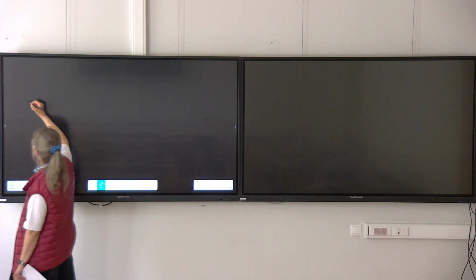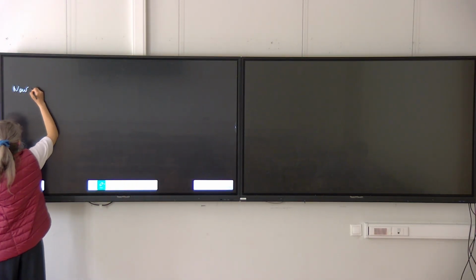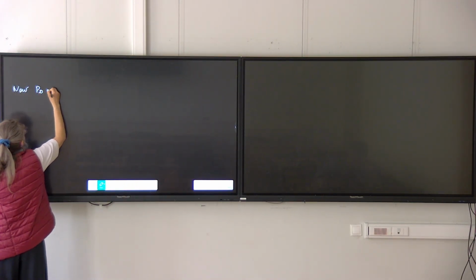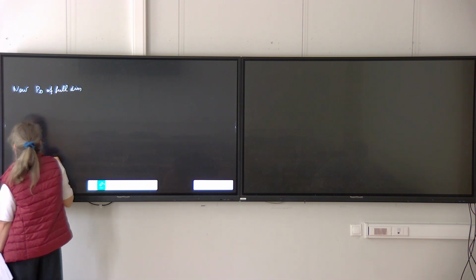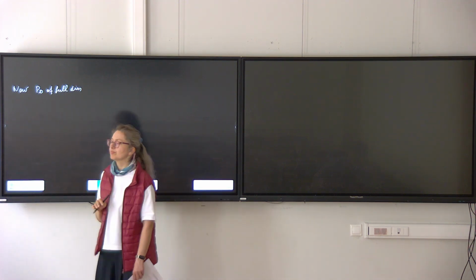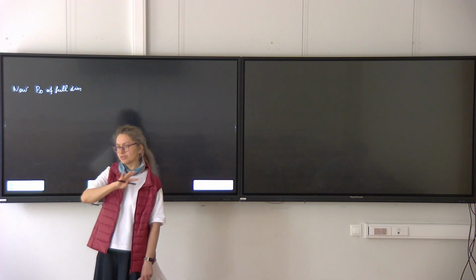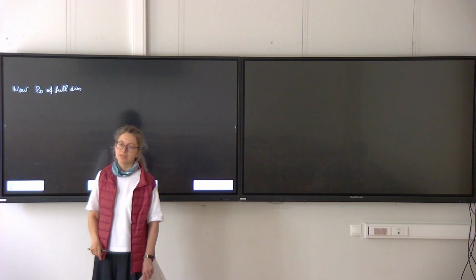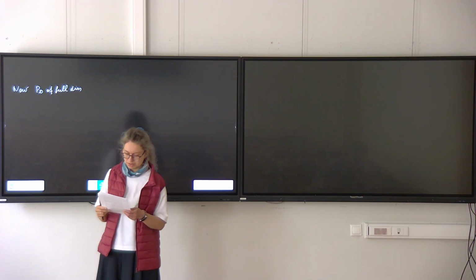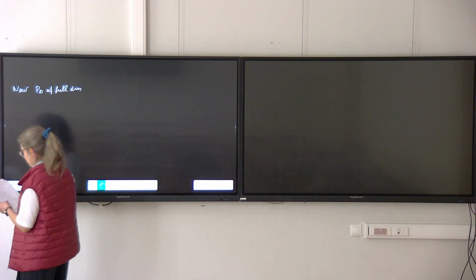Now we have PD of full dimension. And if we forget everything, we have a PD of full dimension with integer vertices. We can construct a Toric variety using it.